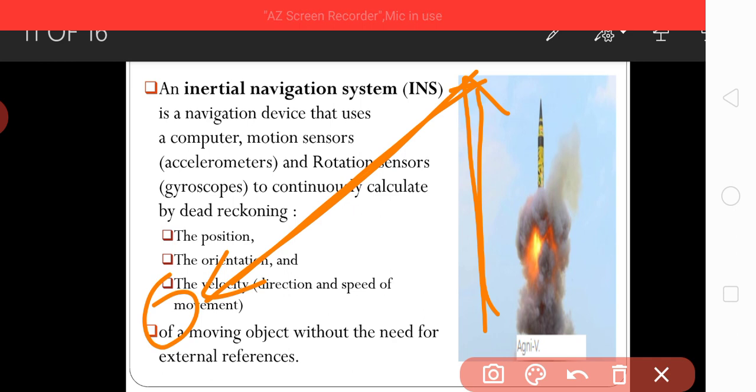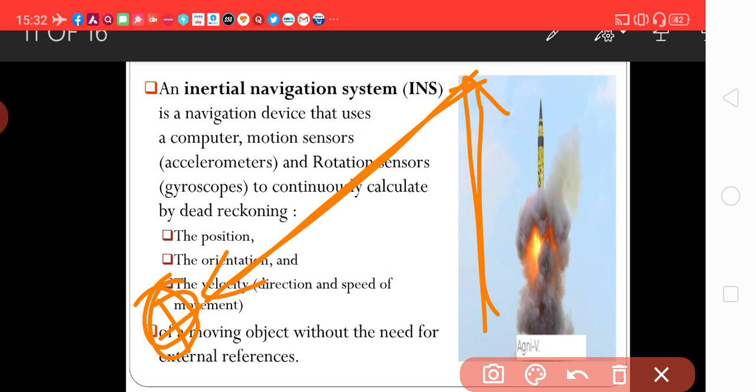To navigate it to the exact location of the target, this system is called the inertial navigation system. It also utilizes these principles of moment of inertia, that is, the principle of precession and the principle of rigidity.